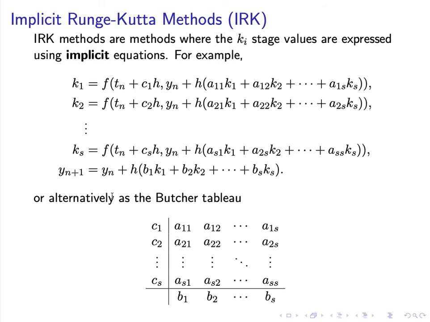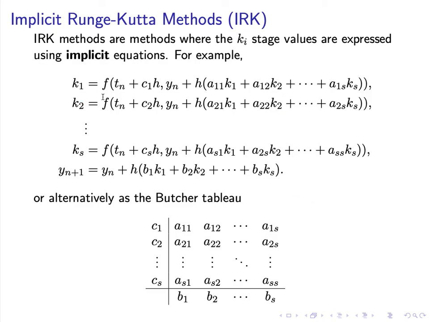The other type is an implicit Runge-Kutta method, or IRK for short. This is where the stage values are expressed using implicit equations. So for example, here we have K1. If we were trying to calculate K1, we note that K1 also appears on the right hand side. And same for K2, if we're trying to calculate that and we don't know what K2 is, we have a problem because it also appears on the right hand side.